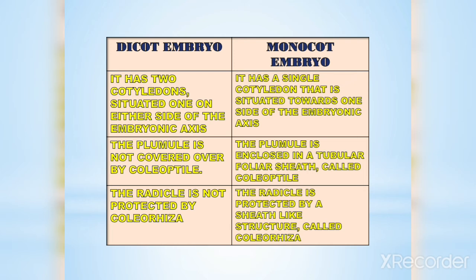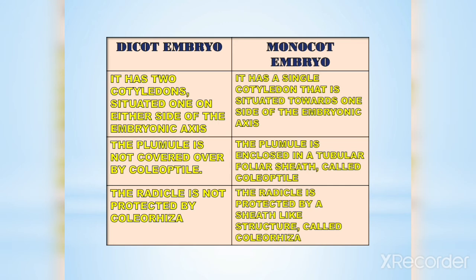And the second difference under the dicot embryo is that the plumule is not covered by a sheath. That's what I said. Plumule is nothing but the shoot axis, right? They are not covered. And when you come to the monocot embryo, the plumule is enclosed by a sheath-like structure called coleoptile, right?